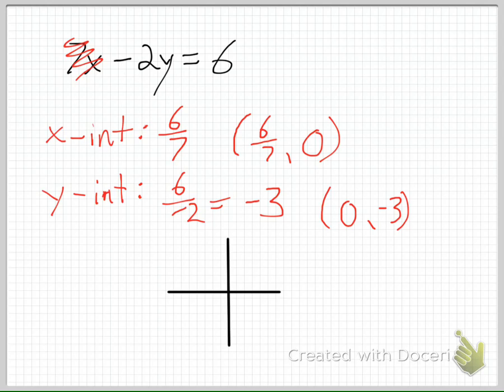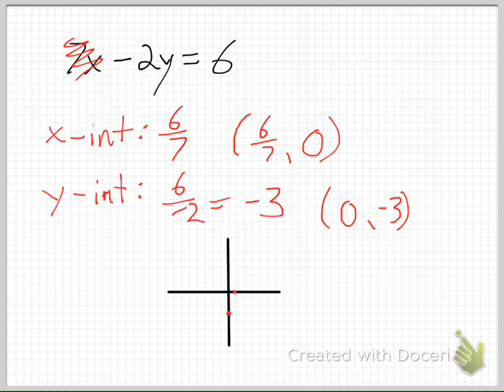So I'd have 1 point right around here, just before. And then my y-intercept is 0, -3, so I go left to right none and go down 3. These 2 points are my x and y intercept for the line that represents that equation.